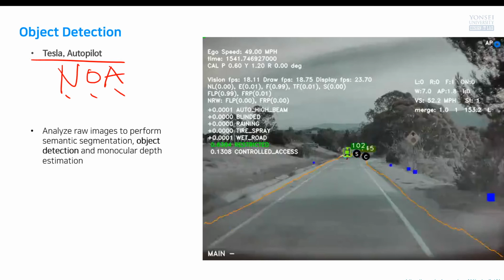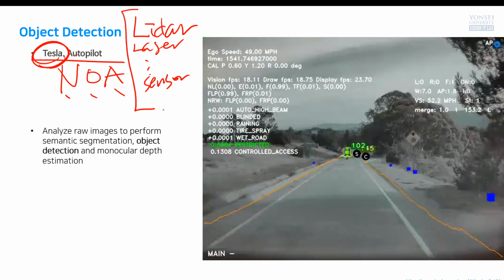Anyway, the point today is why Tesla models got a huge market share in the EV, electric vehicle industry. Other companies mostly use LiDAR sensors or some laser sensors or other kinds of sensors attached to existing cars. So these are expensive.